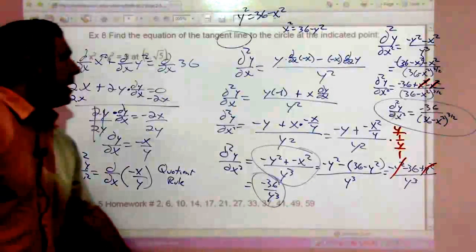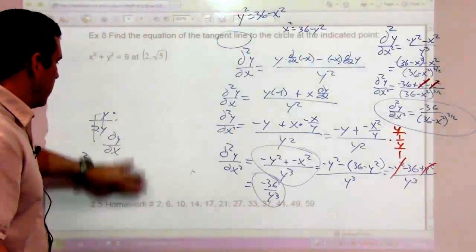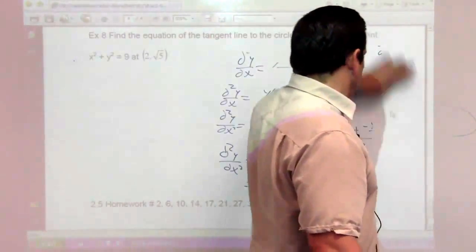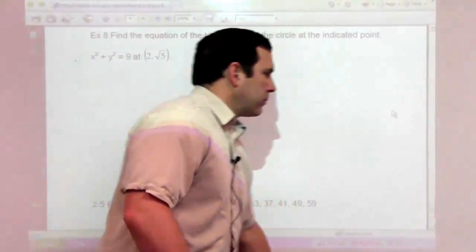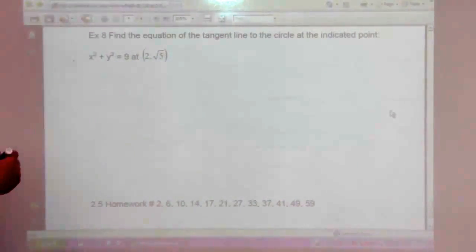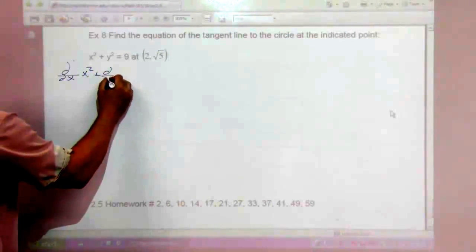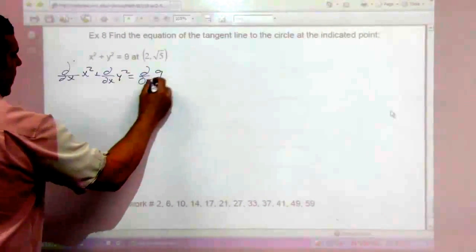Find the equation of the tangent line to the circle at the indicated point. This one will not be nearly as bad as what we just did. So we want the derivative with respect to x of x squared plus the derivative with respect to x of y squared equals the derivative with respect to x of 9.